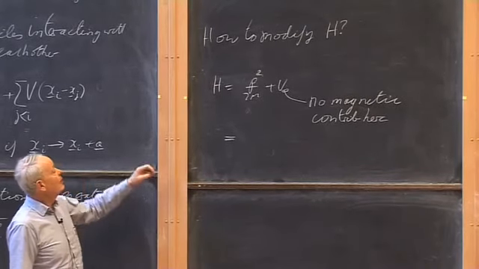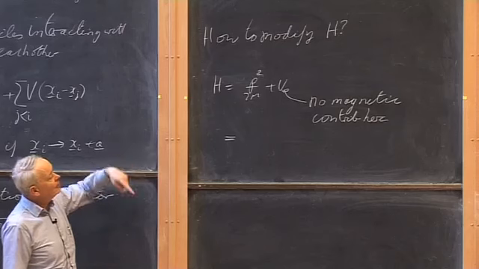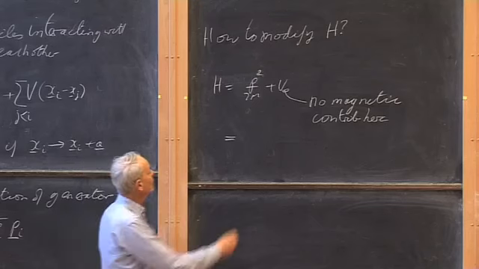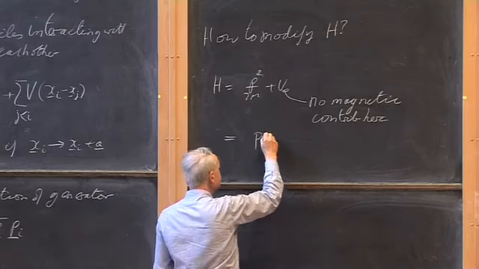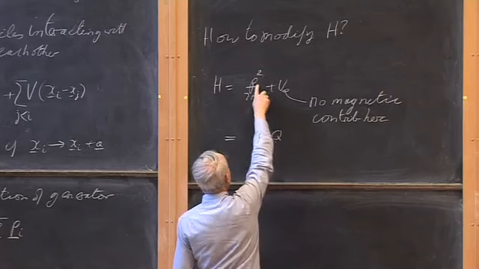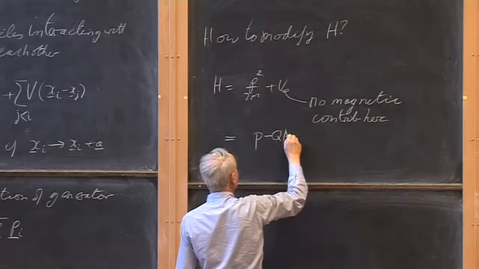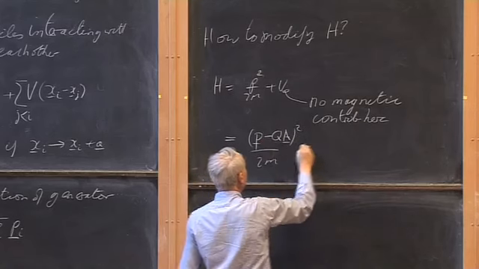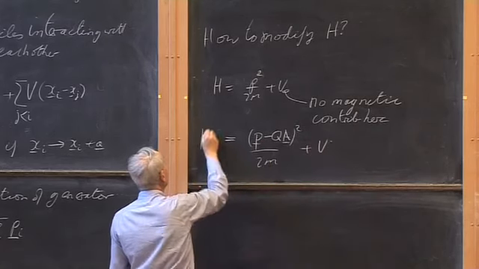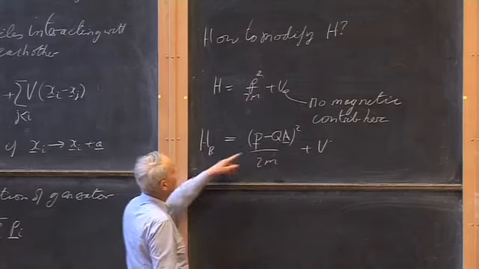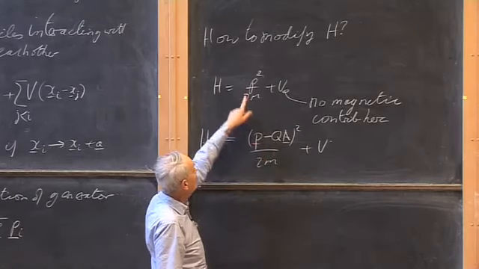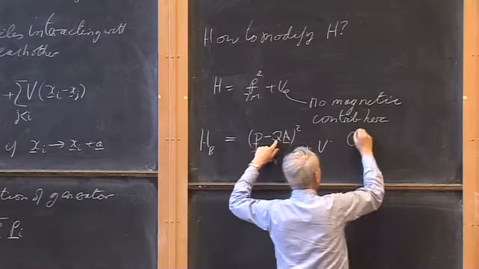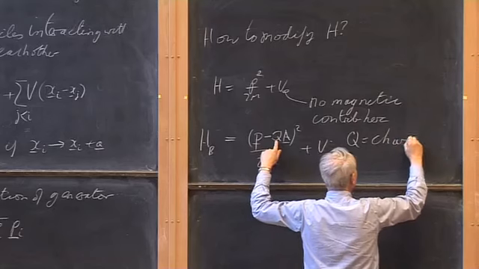And so in order to find out how to change your Hamiltonian, you really need to do relativity. That's the proper place to look, and I'm not going to be able to derive this for you. I'm going to tell you what it is, which is that we need to replace that p by p minus the charge on the particle times A. So when we have a magnetic field, we put it in by replacing p in our original Hamiltonian by p minus qA, where q is the charge on your particle.